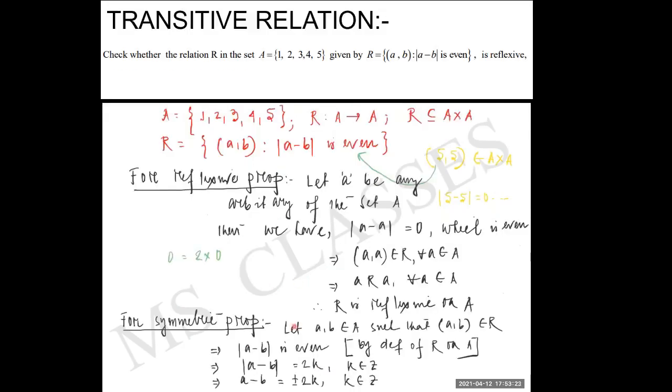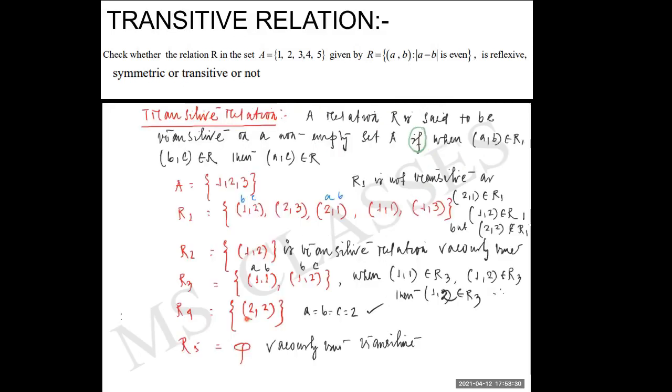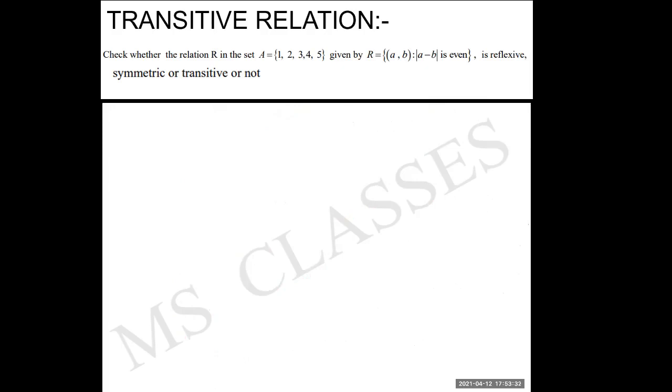Now, in this case, we have proved the reflexivity and symmetry properties, not transitivity. Now we'll move on to the transitive property.